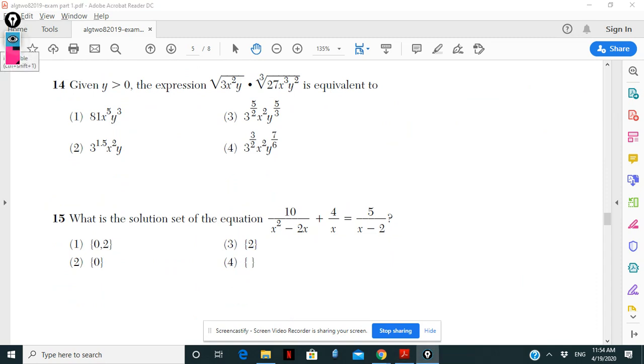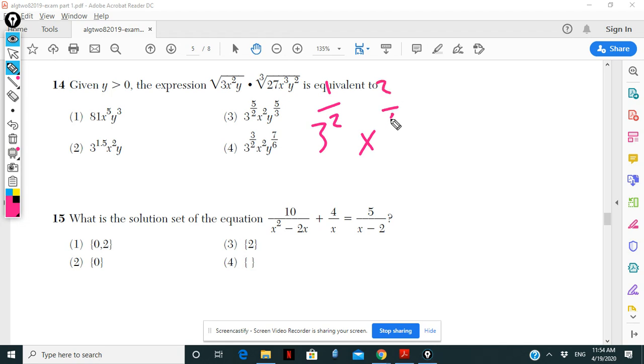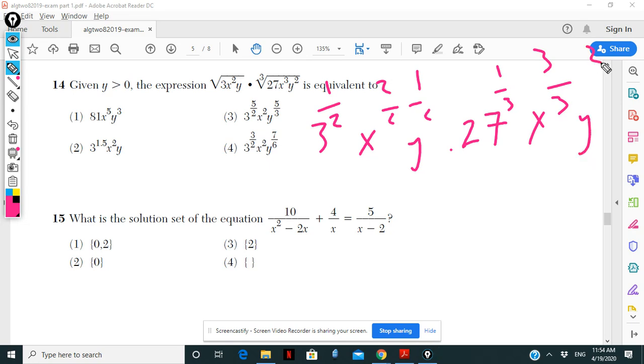Question number 14 is giving me that expression, so I'm going to write it in exponential fraction form. So that's 3 to the power half, x to the power 2 over 2, y to the power half, multiplied by 27 to the power 1/3, x to the power 3 over 3, y to the power 2 over 3.